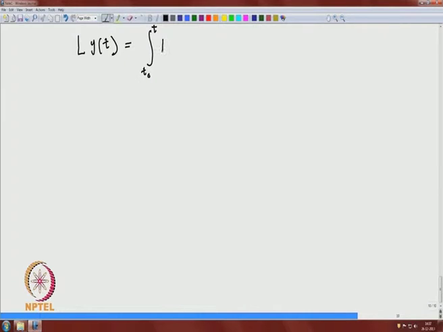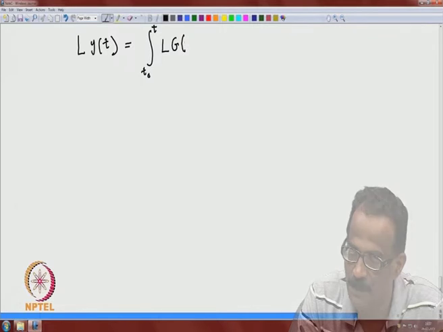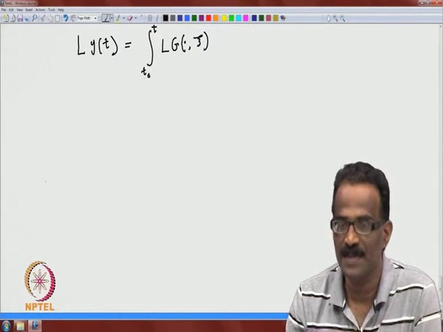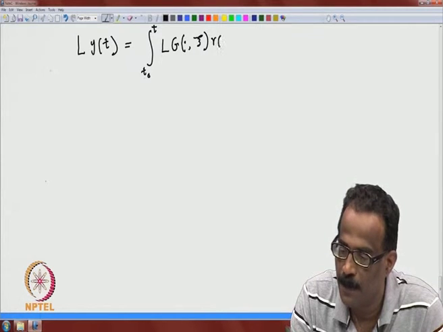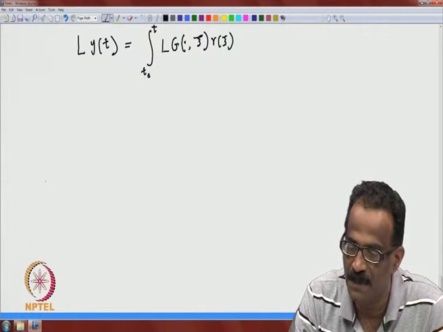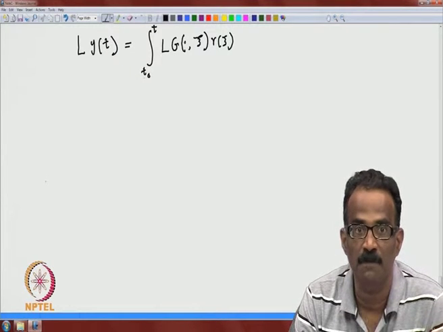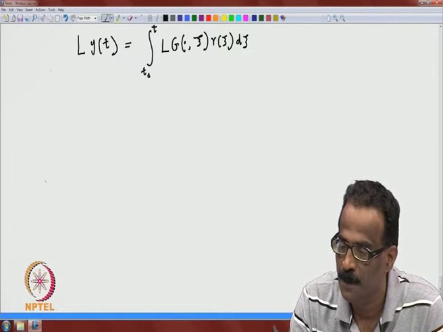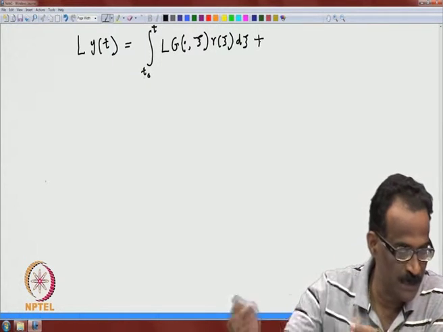So, you will have L of g, with respect to the first variable. The second variable psi is nothing but an integration parameter, but the differential operator is with respect to the first variable, not the other one, times r(psi) d psi, plus you will have a few terms here.